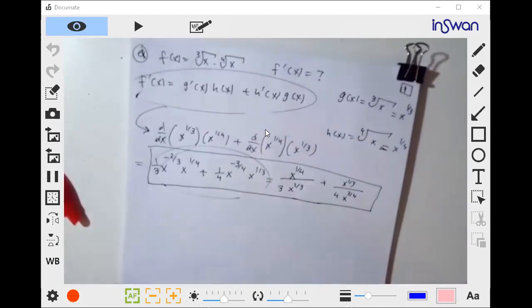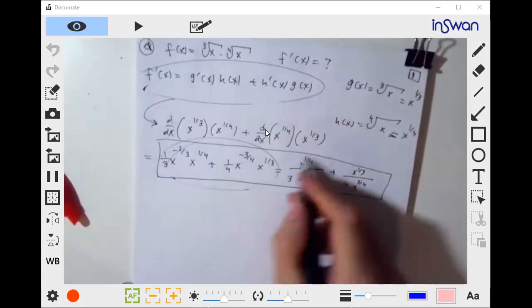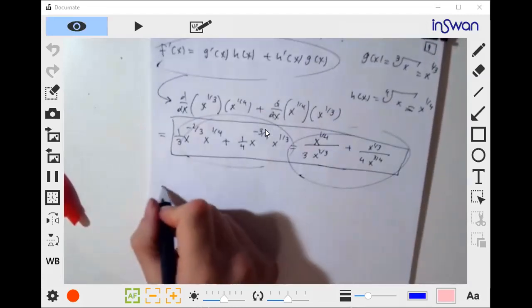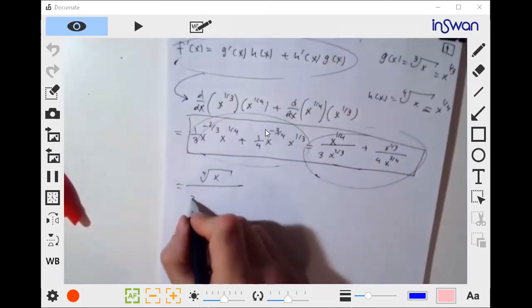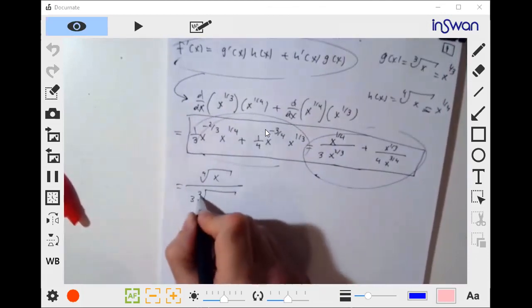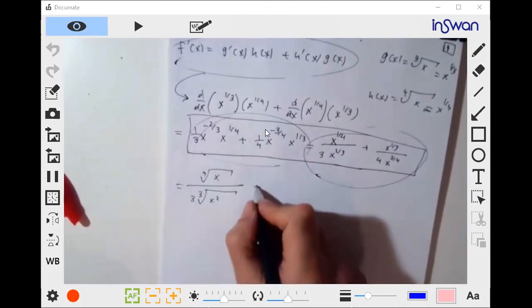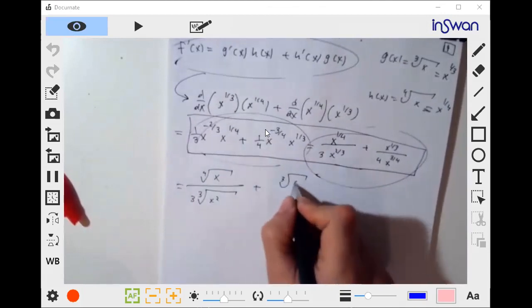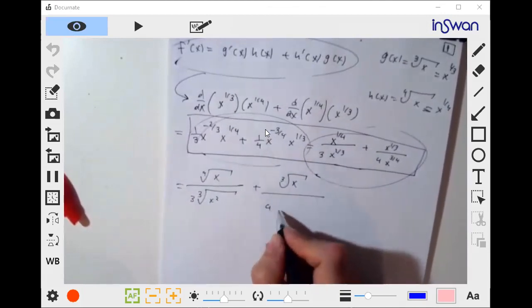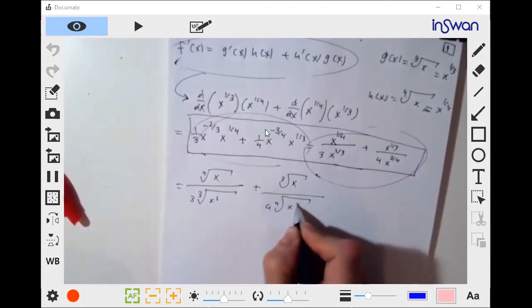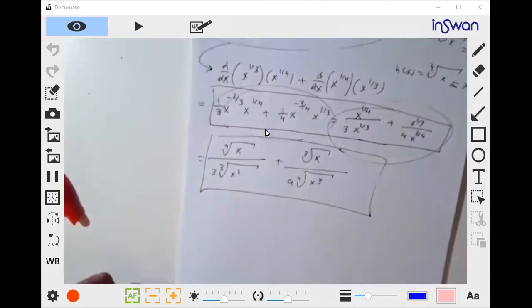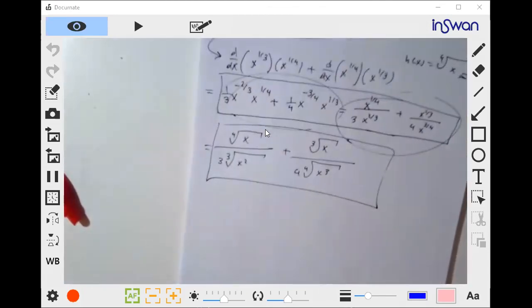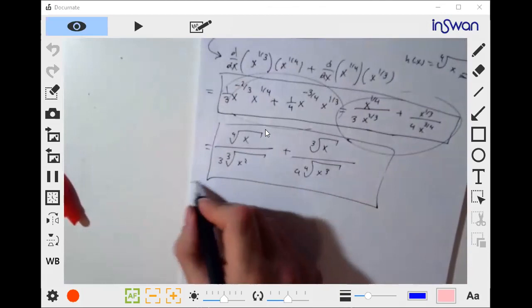And clearly, we can also represent these as the fourth root of x divided by 3 times the cube root of x squared, plus the cube root of x all over 4 times the fourth root of x cubed. So these are all equivalent. Remember, guys, practice makes perfect.